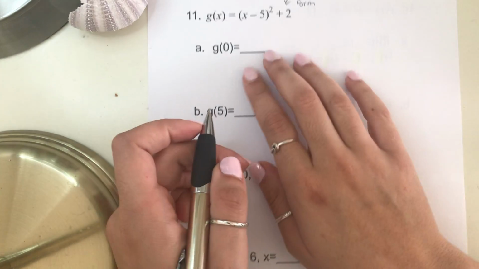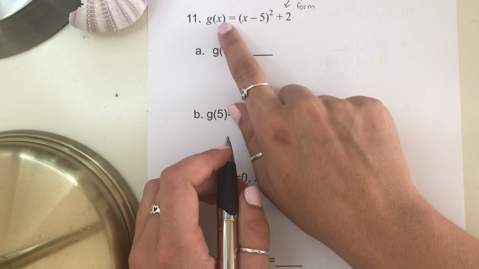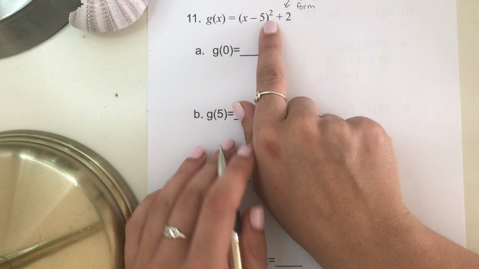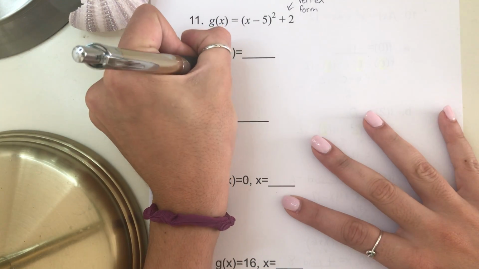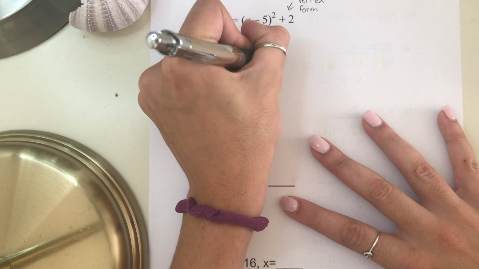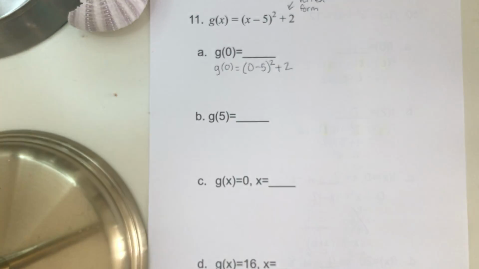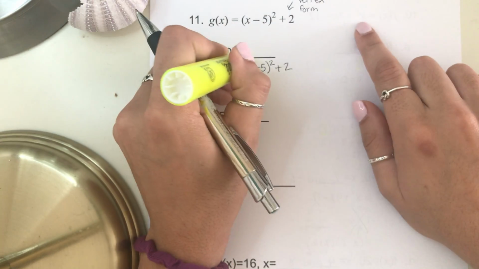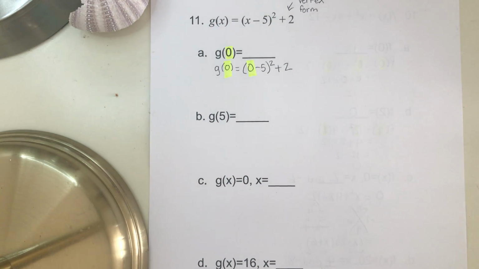So here I've got g of 0 equals blank. That means when I see an x, I'm replacing it with 0. So I'll rewrite that here to show you. And I'll highlight the 0 so that we see where that came from and why.